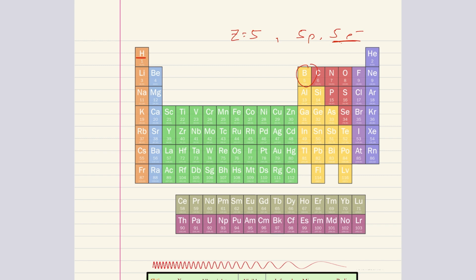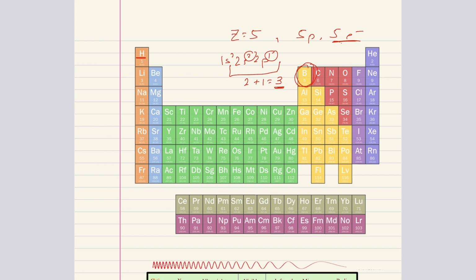Let's start by writing the electron configuration for boron. It's going to be 1s2, 2s2, 2p1. For p block elements, the number of valence electrons are determined by the highest energy shell, which is going to be n equals 2. So we'll look at 2s and 2p. We'll sum up the 2 and the 1, and that gives us our total number of valence electrons for boron.